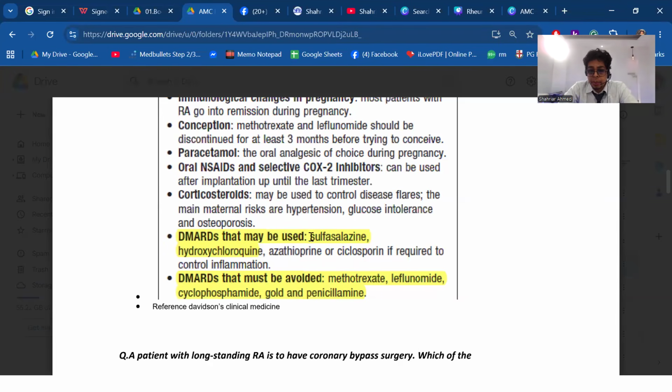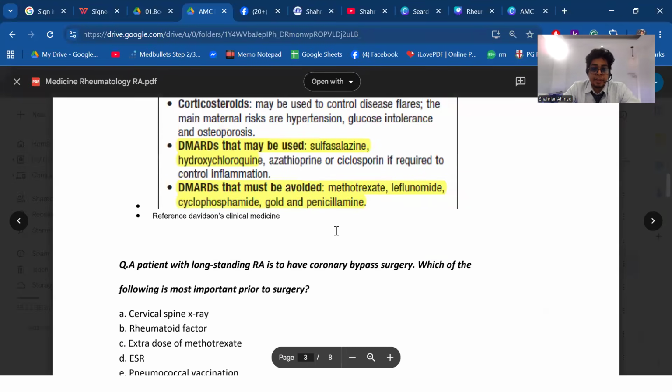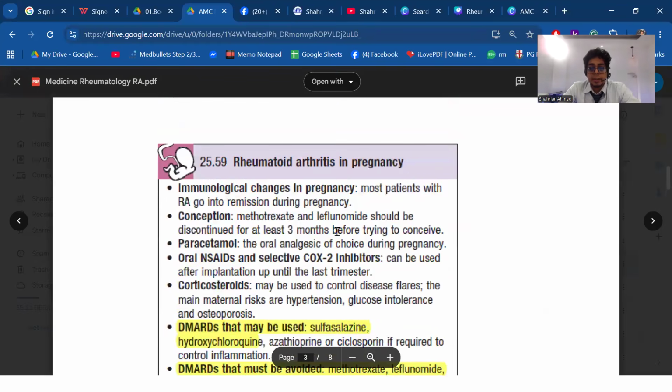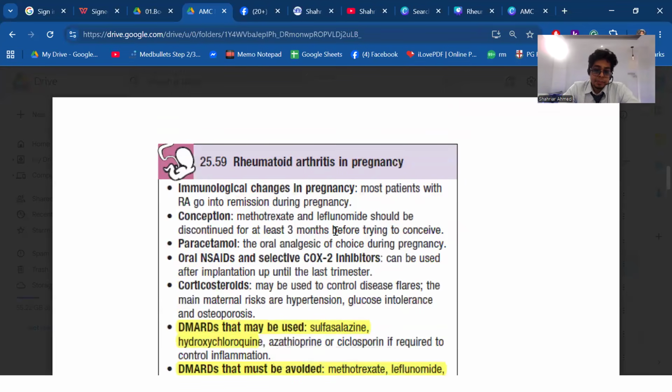If you don't know, now you know. Sulfasalazine can cause azoospermia in males. So that is the reason, when he's planning for a kid, he should not continue sulfasalazine. He can continue something else. So this is the exam-relevant question. Yes. Okay.